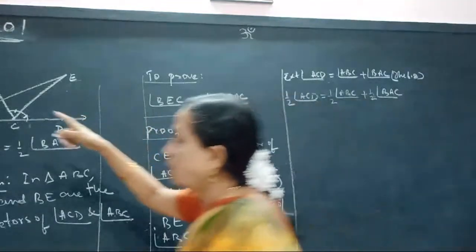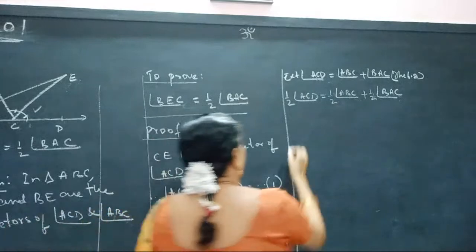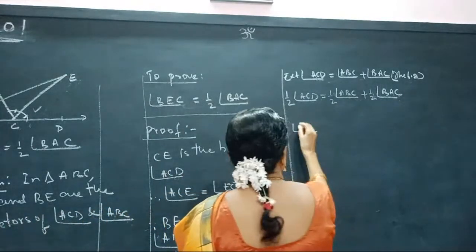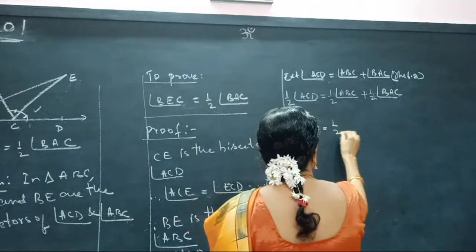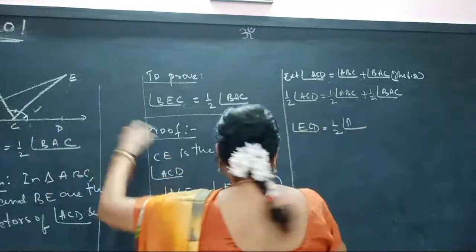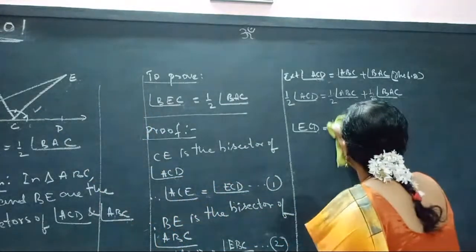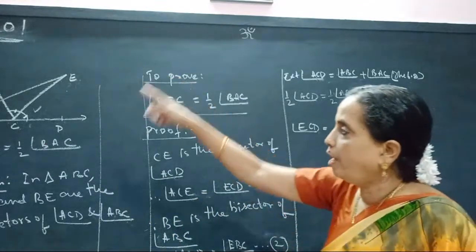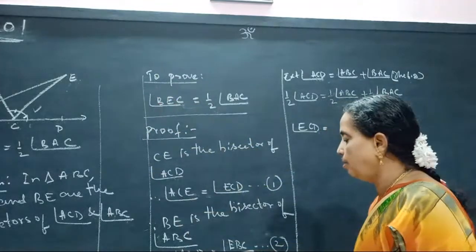So half of angle ACD we can take as angle ECD. Angle ECD equals half of angle ABC. Half of angle ABC we can write as, see the figure, half of angle ABC equals angle EBC, because they are the bisectors.